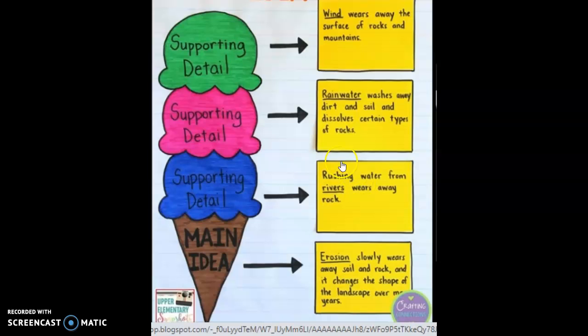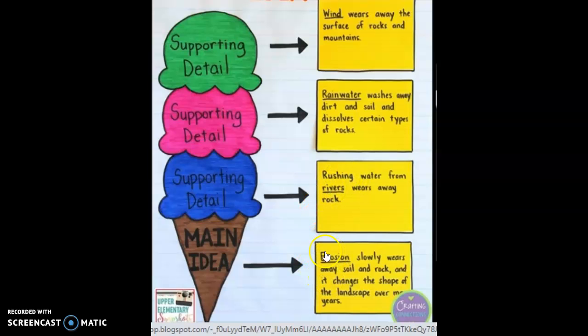Something that supports or backs up the idea of erosion is our first supporting detail. Rushing water from rivers wear away rock. So rushing water from rivers is a part of erosion. So it goes, your supporting details go back to your main idea.